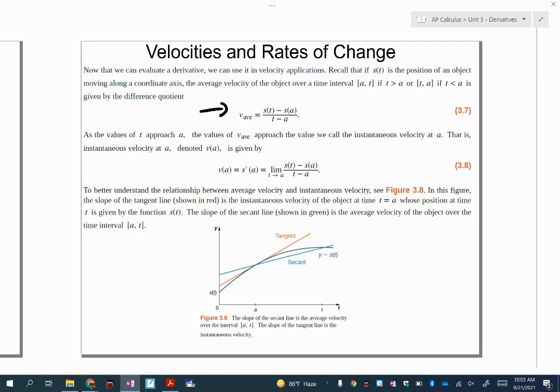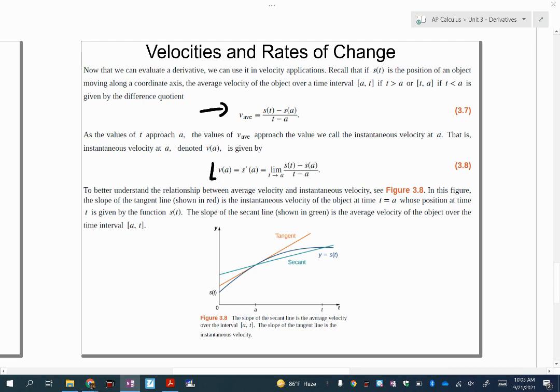We calculated a bunch of average velocities to then estimate the instantaneous velocity of that object at that time t. But now we can actually find that instantaneous velocity. That's one of the applications of differentiation.